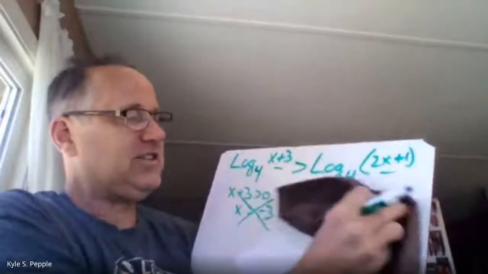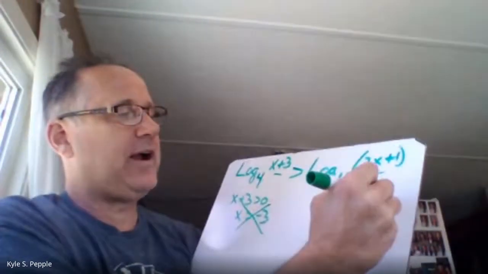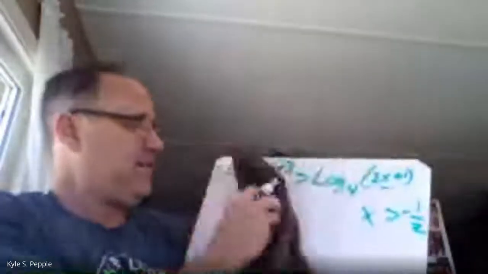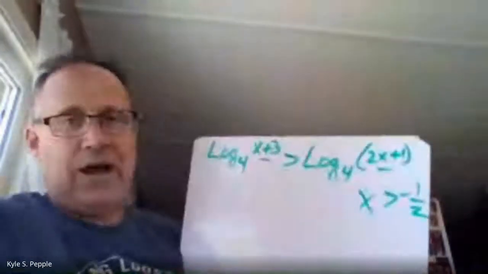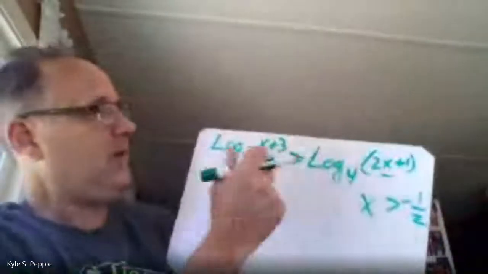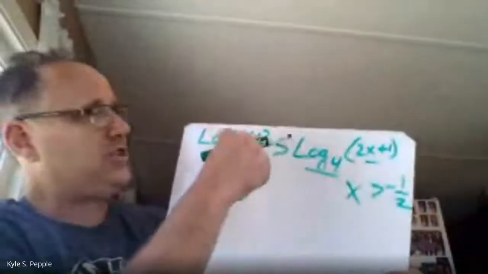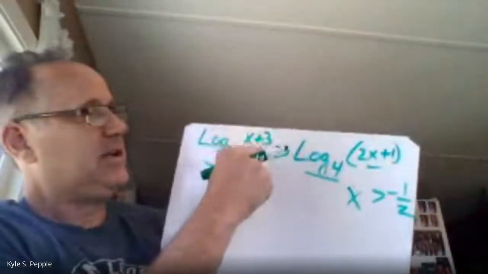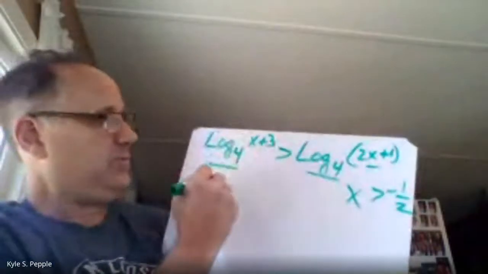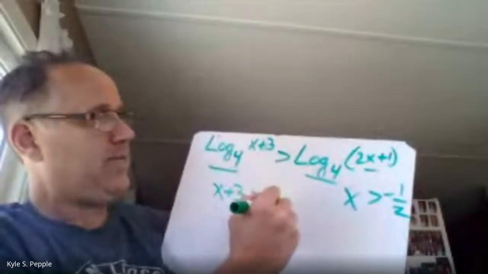So x needs to be greater than negative 1/2. Okay, so now once we've figured out that restriction, we have the same logarithms here. We now just put those two terms with our inequality.